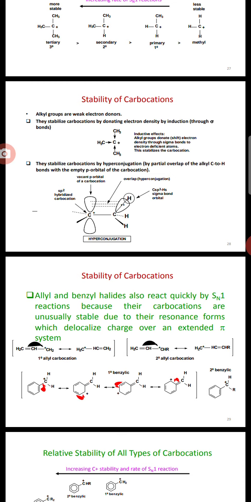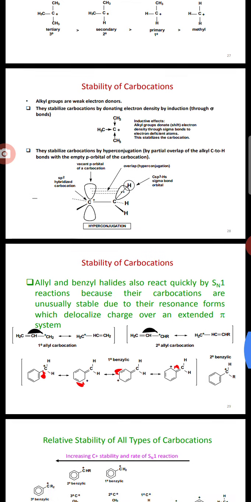Stability of the carbocations. Allyl and benzyl halides react quickly by the SN1 reaction because their carbocations are very stable due to their resonance forms, which delocalize the charge over an extended pi system.